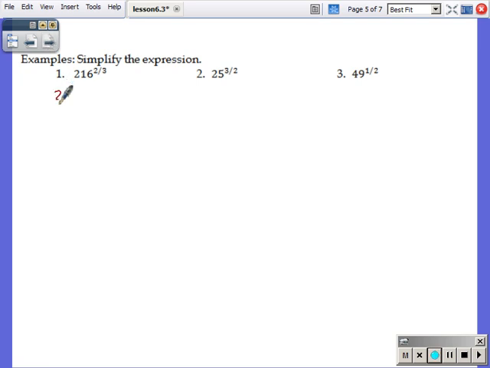So again, I would do 216, caret, 2 divided by 3, close it, hit equals, and you do get 6. Here I would do 225, caret, parenthesis, 3 divided by 2, close it, hit equals, that is 125.